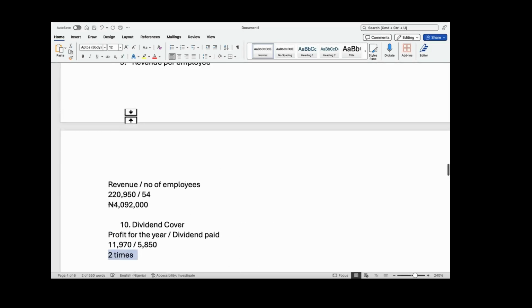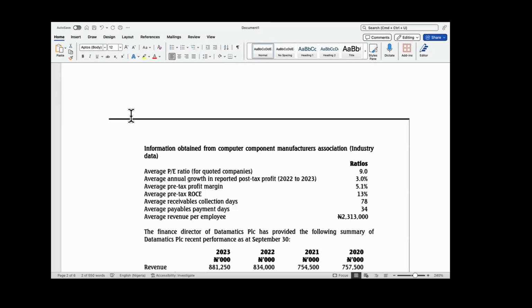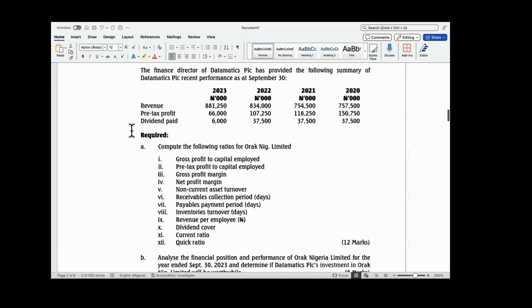Dividend cover 2 times. They didn't give us the industry dividend cover.